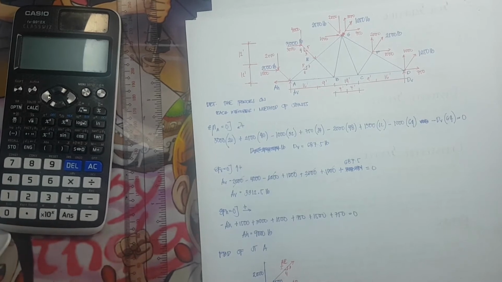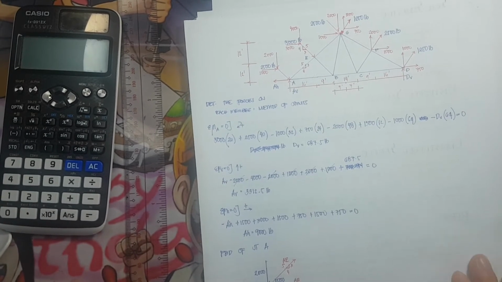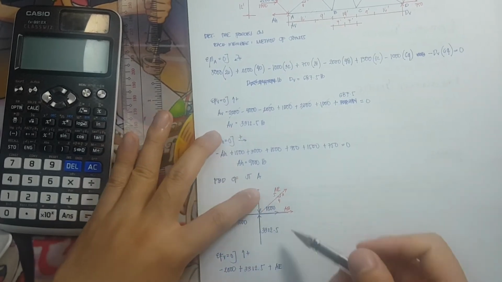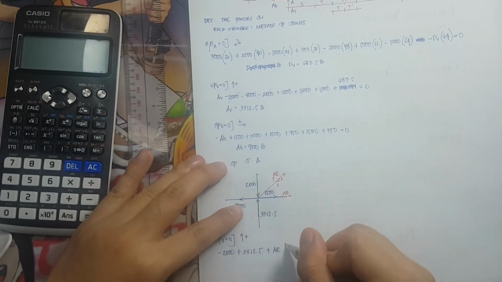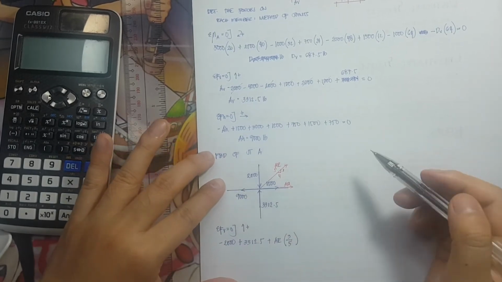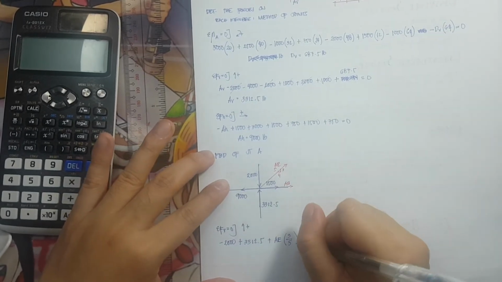So AE times the vertical component of the slope, which is 3 over the hypotenuse of 5, equated to 0.